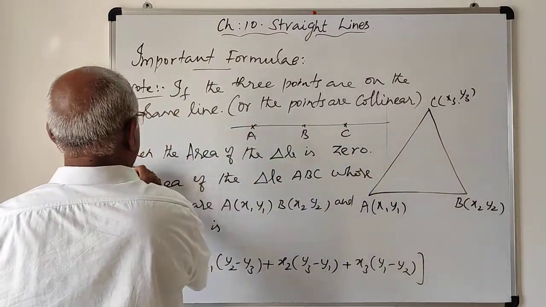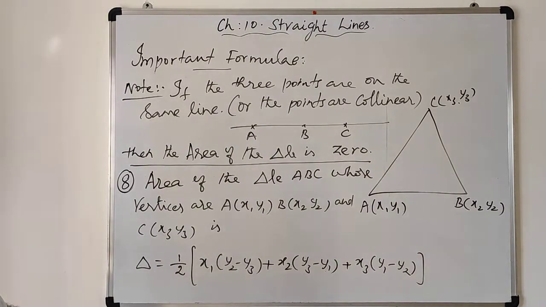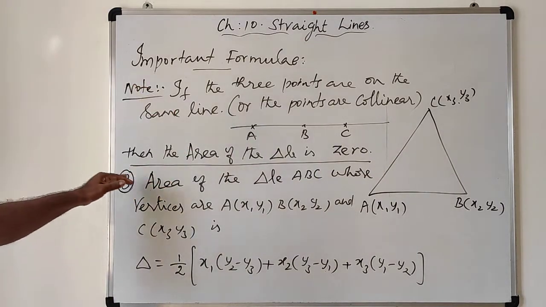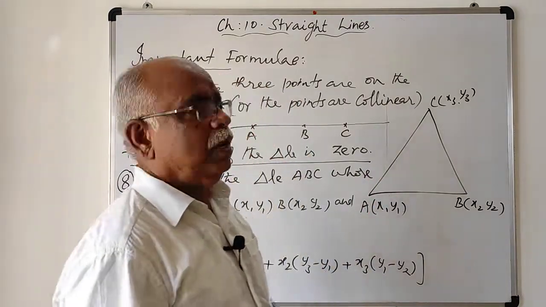This is a condition. If the 3 points are collinear or lying on the same line, then the area of the triangle formed by the 3 points is 0.